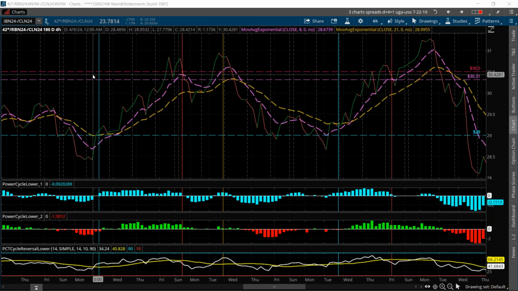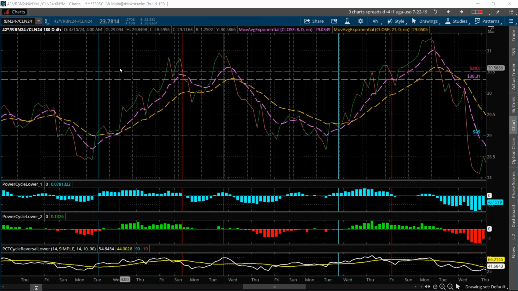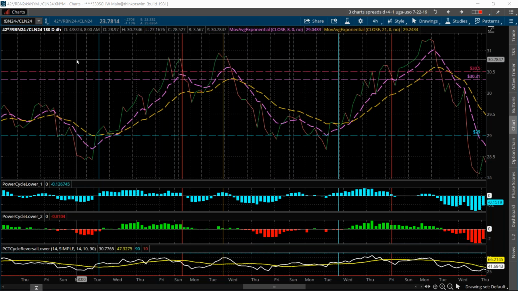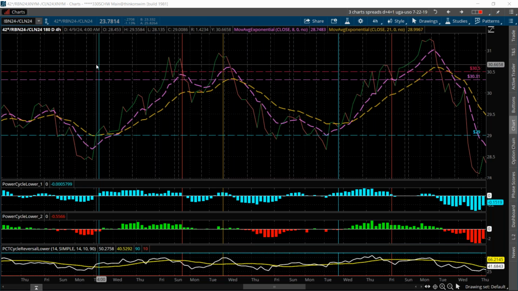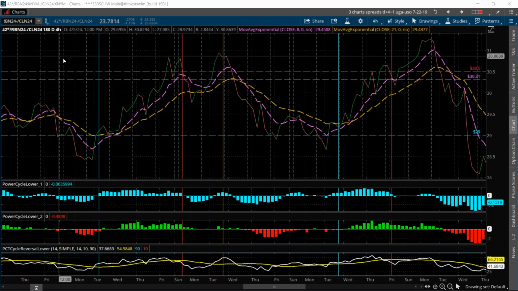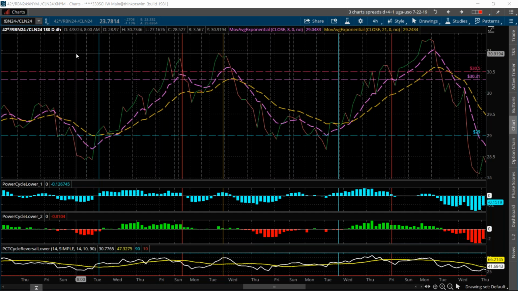Yeah, one contract's equivalent to 1,000 barrels. That's right. I think I said it backwards, didn't I? If you buy one futures contract, you're actually controlling 1,000 barrels of oil.